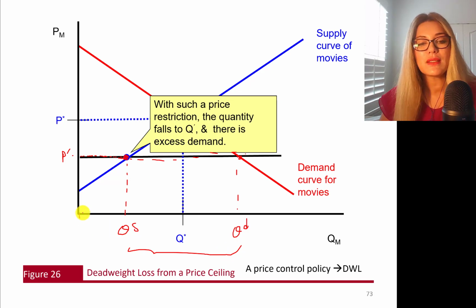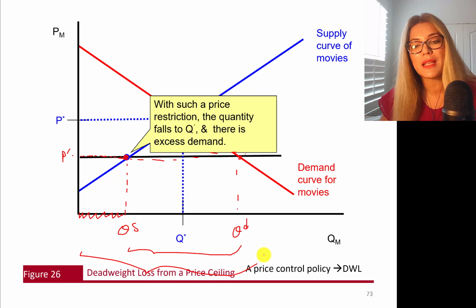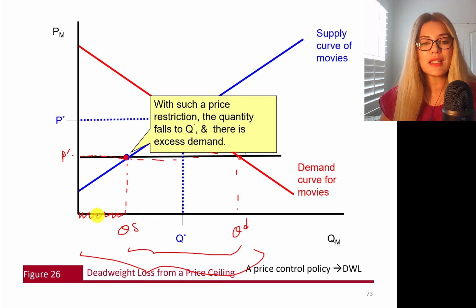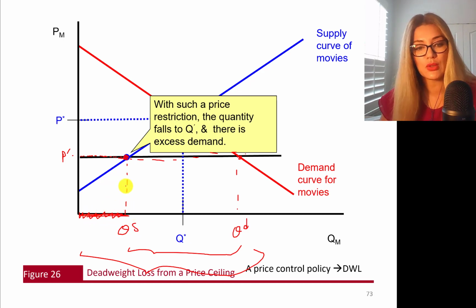These many movies are available to be shown, however, I have so many more people wanting to see movies. Doesn't matter, only these many seats are available. So that's going to be the quantity consumed. The smaller quantity determines. So there's excess demand as measured here, quantity demanded minus quantity supplied.